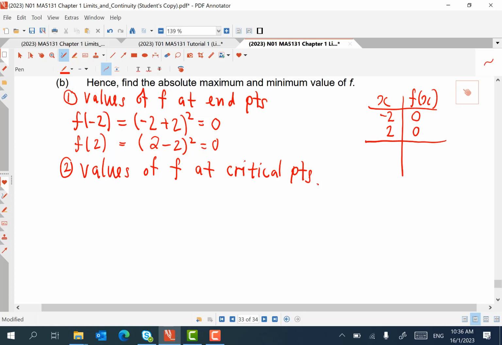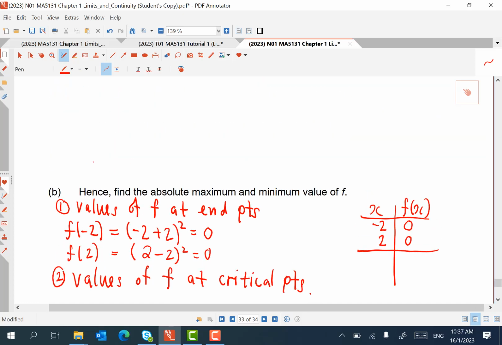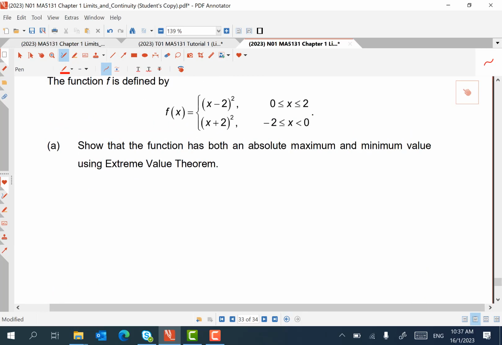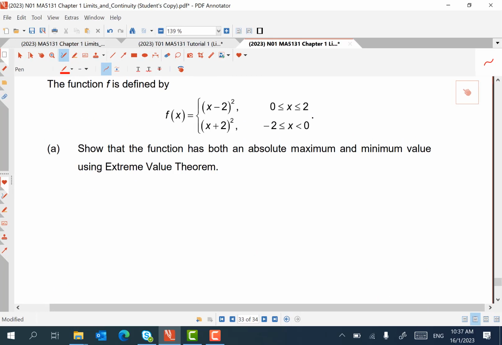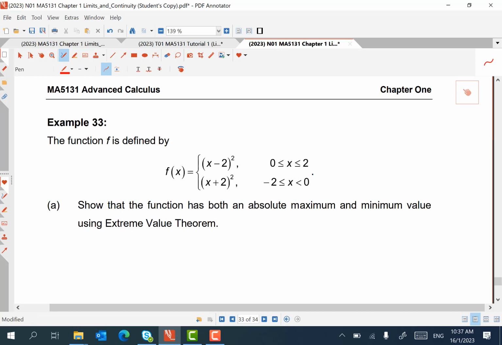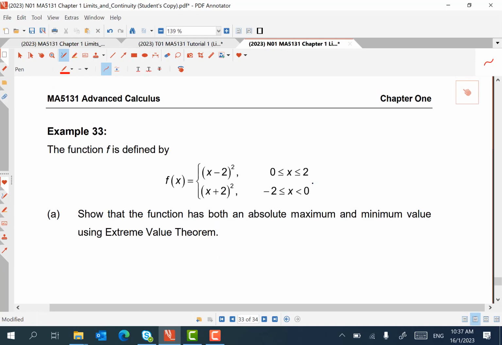Firstly, they must be interior points, and secondly, either the gradient is undefined or is zero. In this case, this piecewise function is defined differently over two different intervals. You might want to draw a rough sketch to see how it looks. If you draw a rough sketch of this, it looks like that.